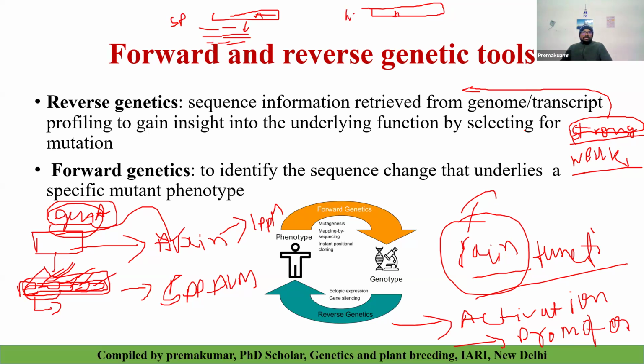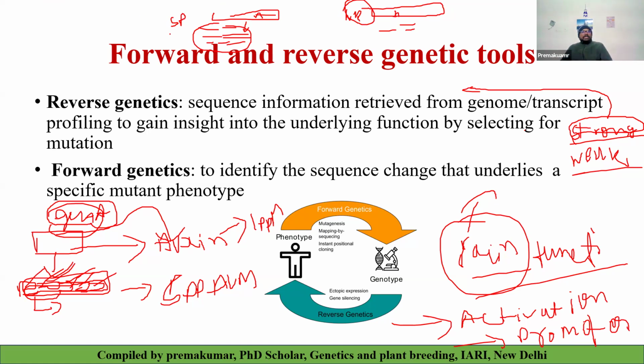If it is attached to a weak promoter, maybe it will produce only 1 or 2 copies of the RNA. So when there is higher production of mRNAs, it is associated with a strong promoter. With a weak promoter, it will produce a very small quantity of RNA, with lesser expression of the particular gene.